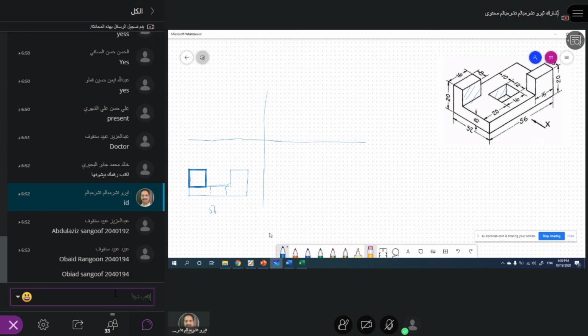Hidden line here. So this is how I can extend this.